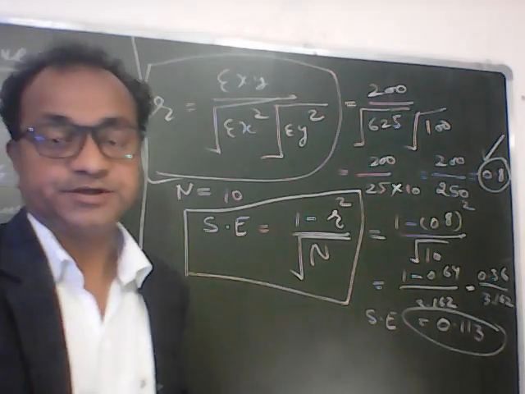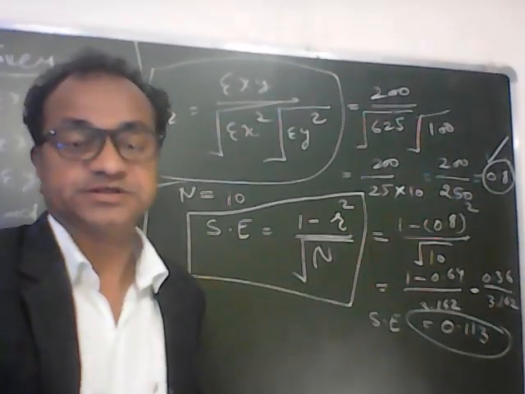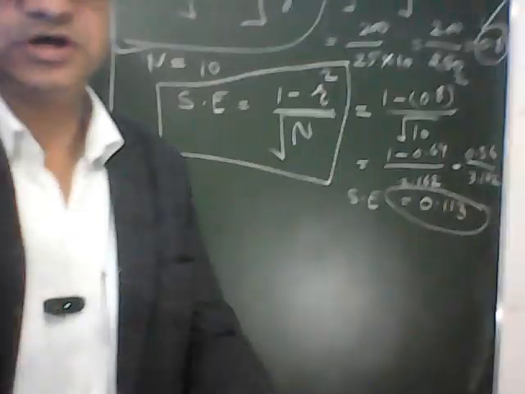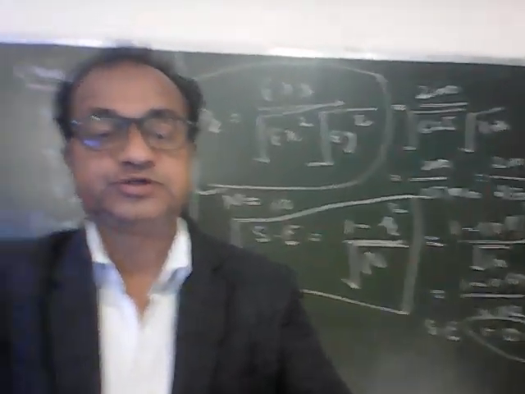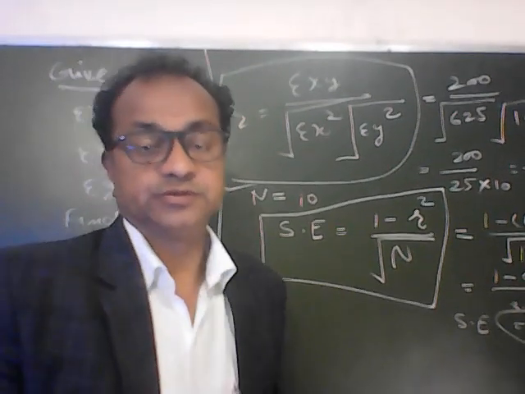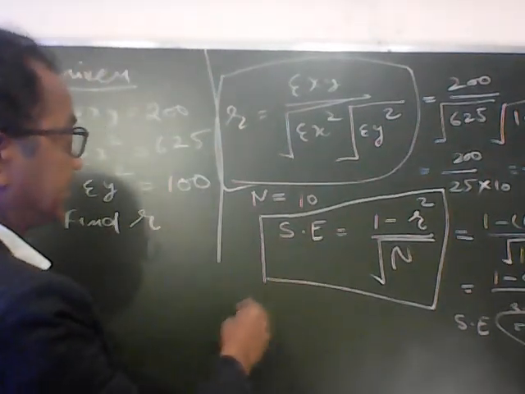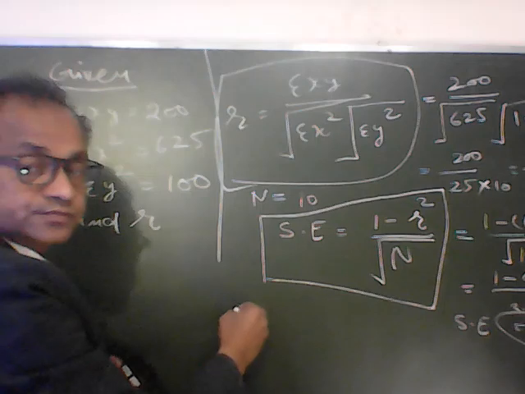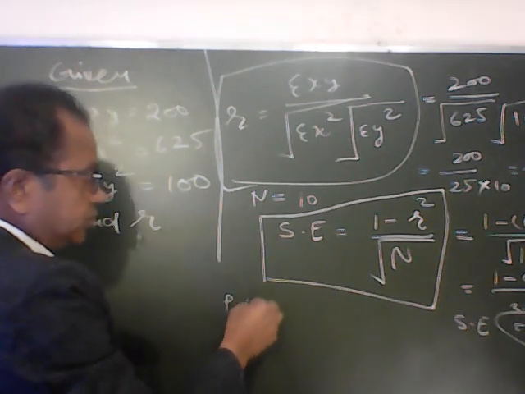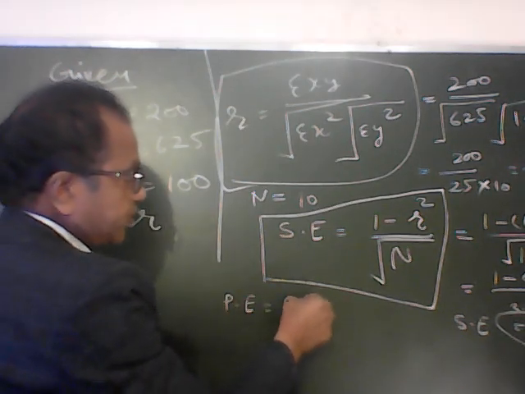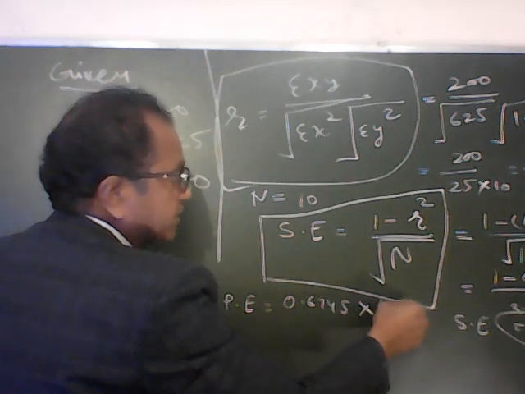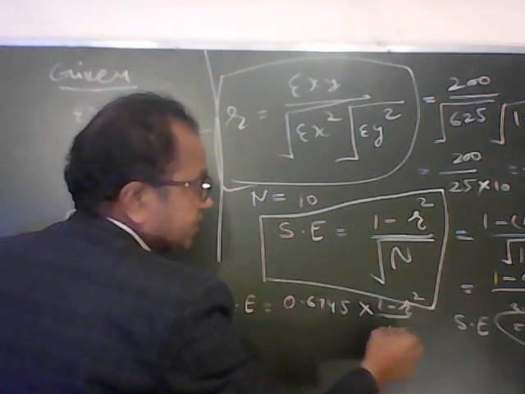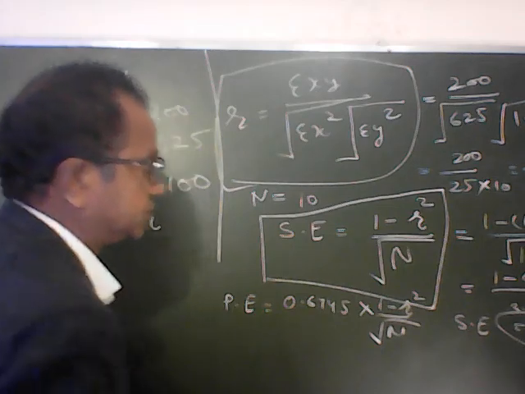We can also find probable error by this as well. So we are going with the probable error. Let's do it. Probable error equals 0.6745 multiplied by the square root of 1 minus r square divided by n.